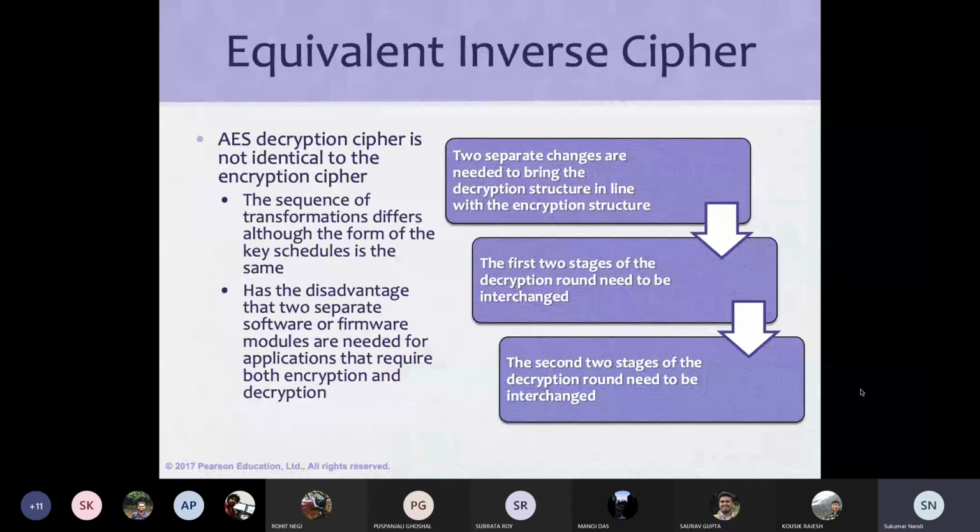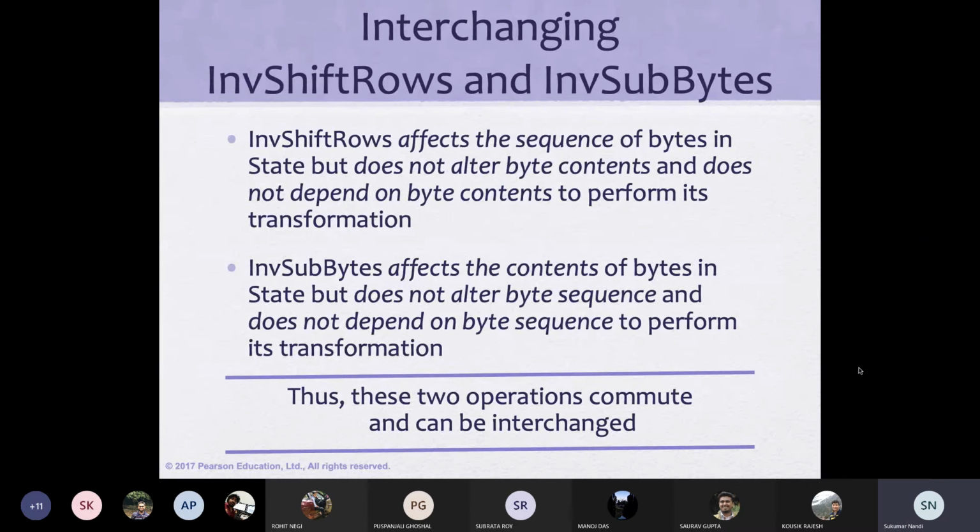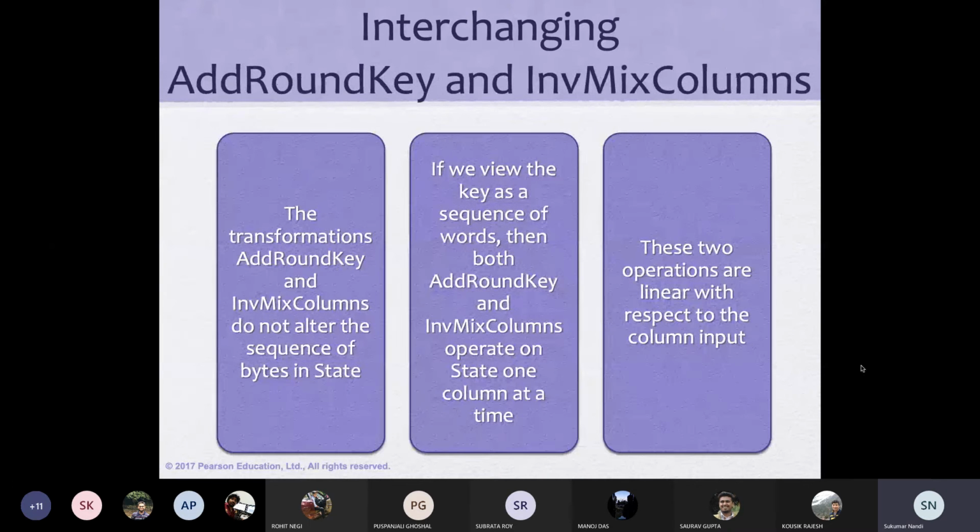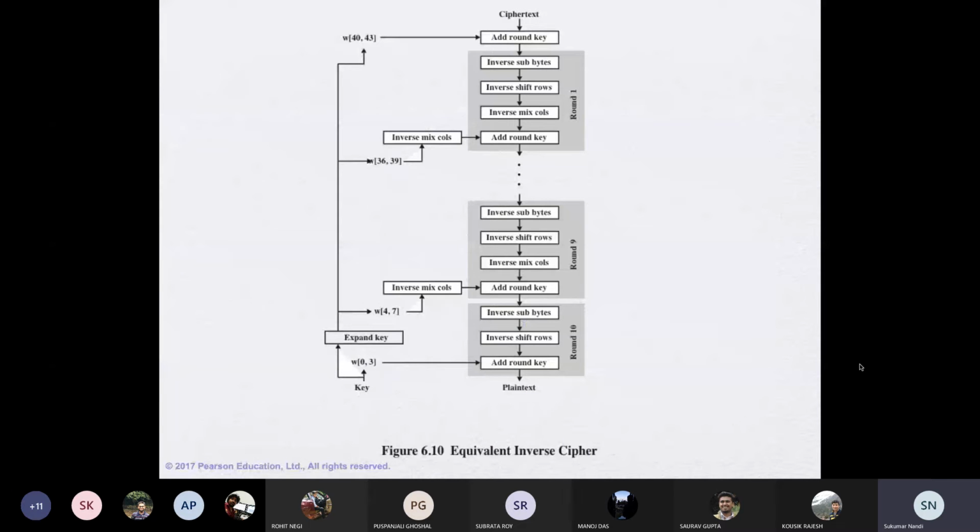Now the rest of this I want to leave to you, because the rest is talking about how the encryption process and decryption process can be made similar. So I don't want to show this. I directly reach here.